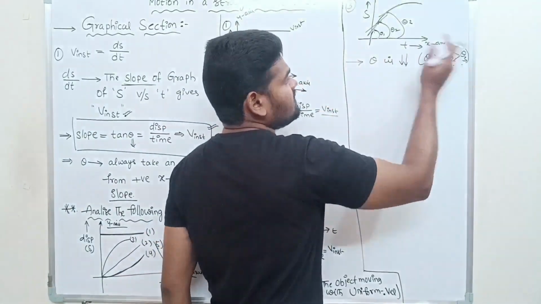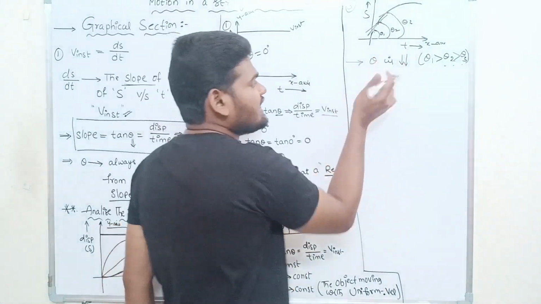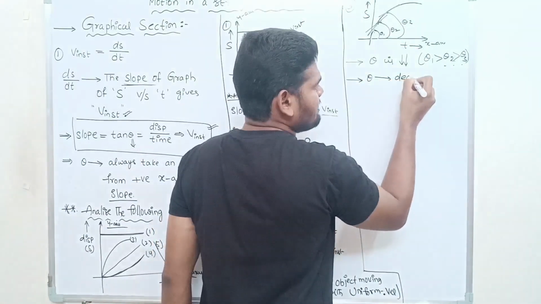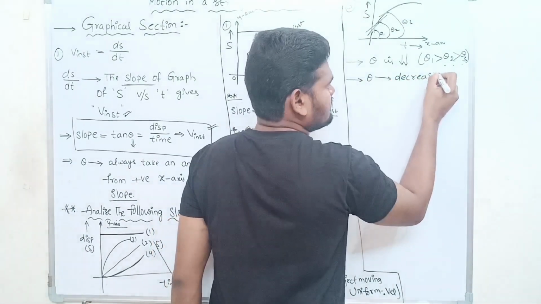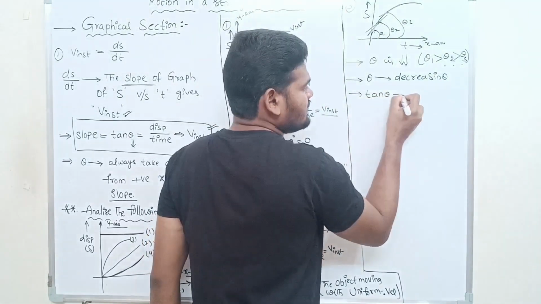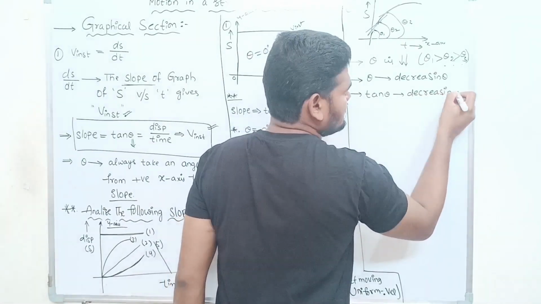So with respect to time, the angle theta is decreasing. If theta is decreasing, then tan theta is also decreasing.